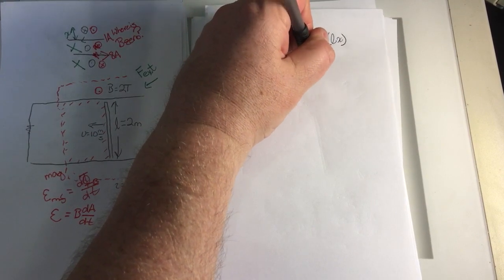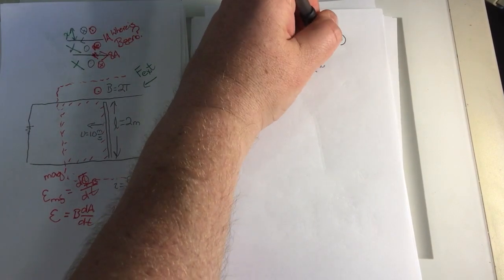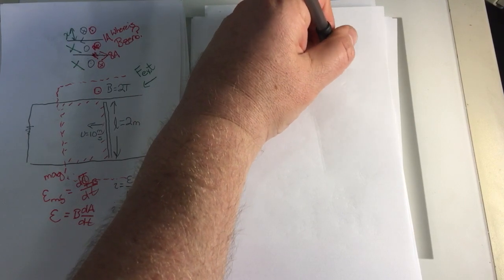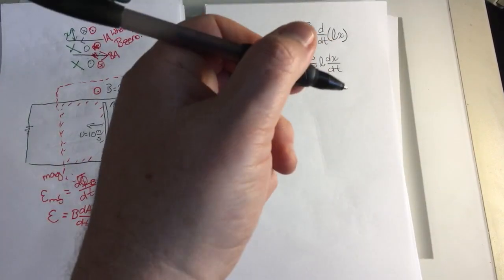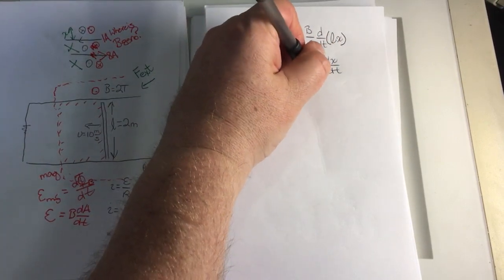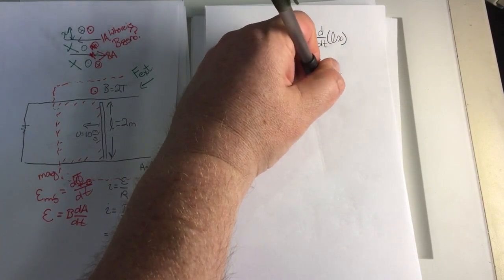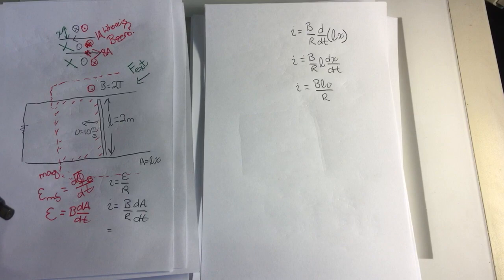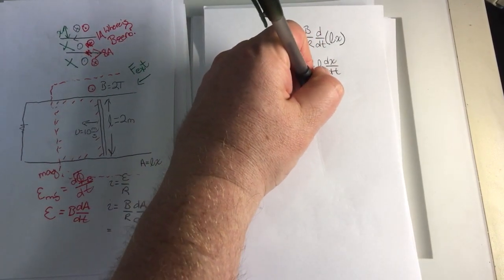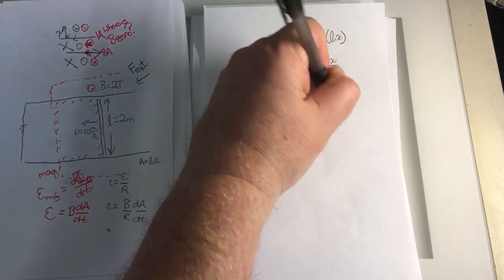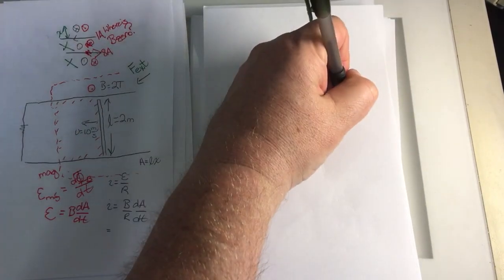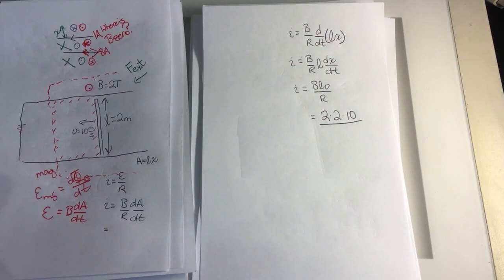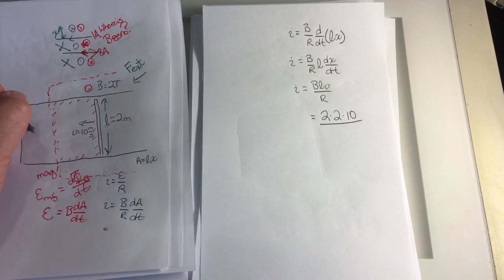So B over R L dx dt is current, and dx dt is just velocity. So this is BLV over R. So let's get the value of the current. We do know the B field: 2, L is 2, V is 10. Resistance, I'll make it 20 ohms.